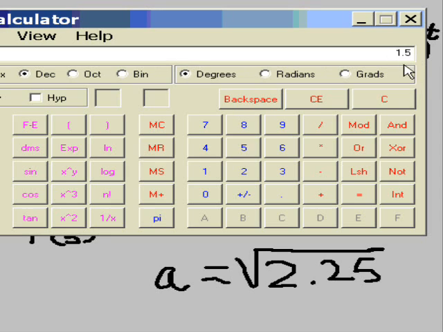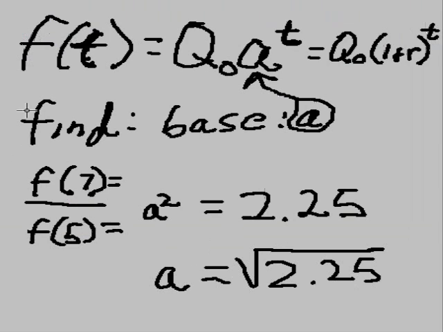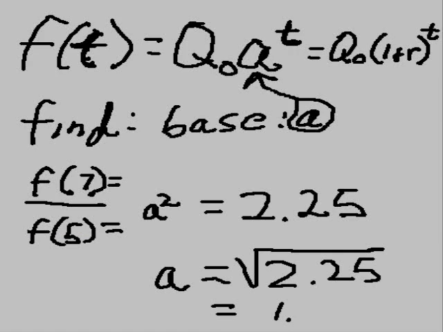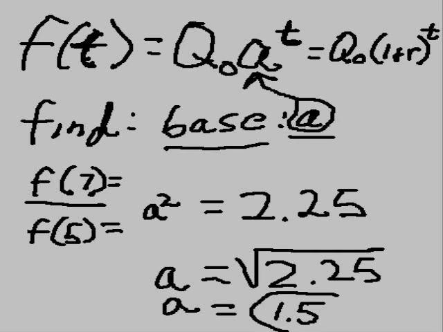So 1.5 times 1.5 is equal to 2.25. So a is equal to 1.5. I knew that. I was just testing you, that's all. So the base is equal to 1.5. What do you know? So we found the base, a, that's equal to 1.5.